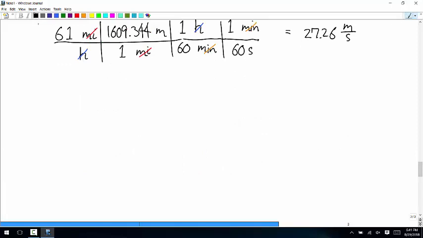Okay. So let's do one more example. Express 38,640 yards per minute squared.